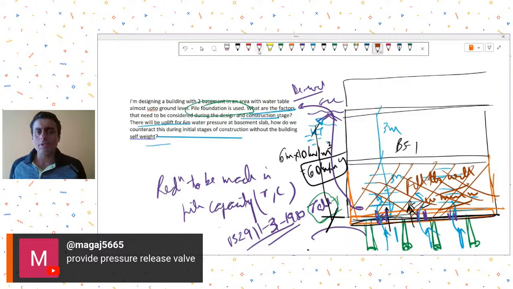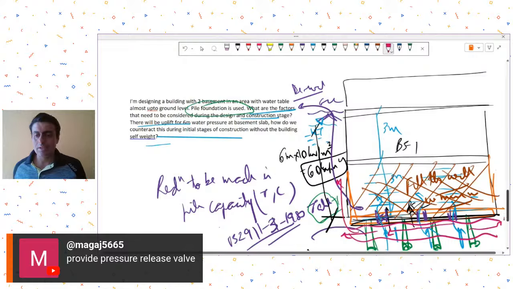Another option could be that you can create some subsystem below the basement just to take the water out and give the water a path to come from here, and then some sort of mechanism to pump it out. Just like we had provided an opening in the basement raft, not similar to that, but the concept remains the same, that we are trying to release the raft from the water pressure.